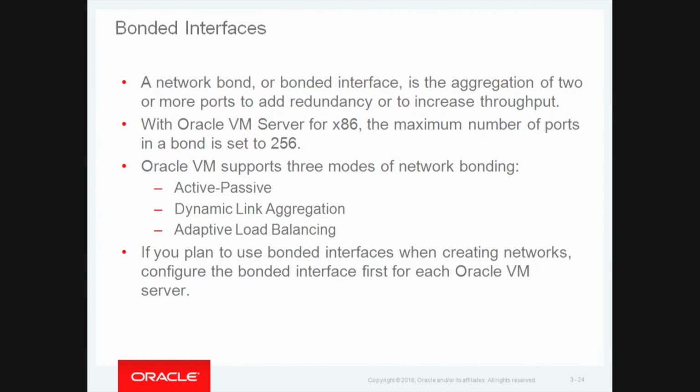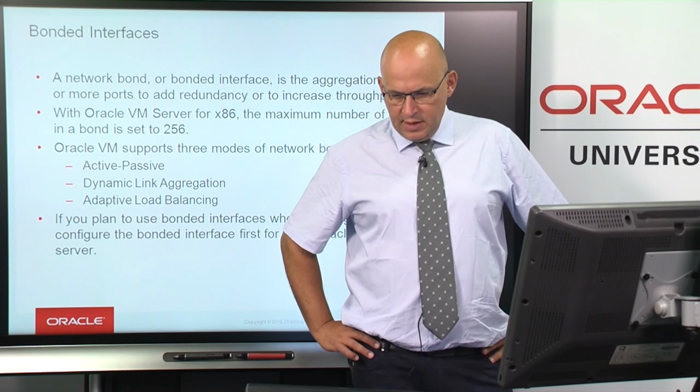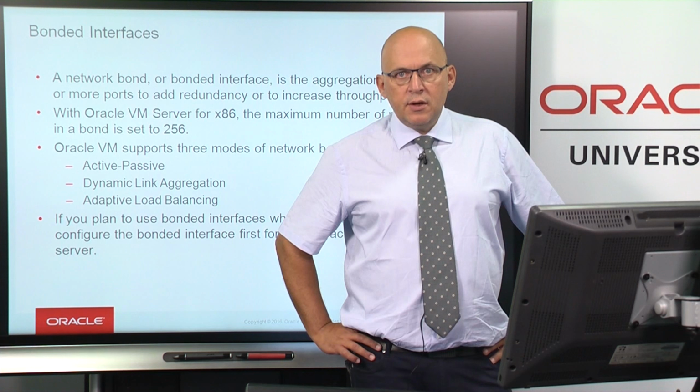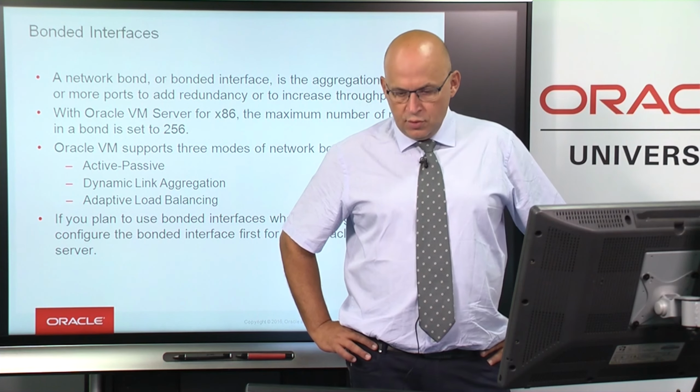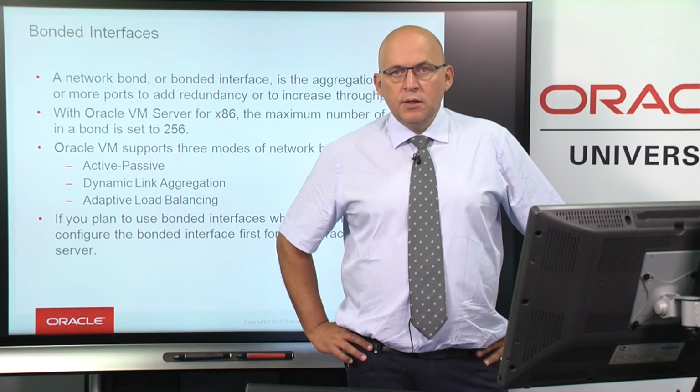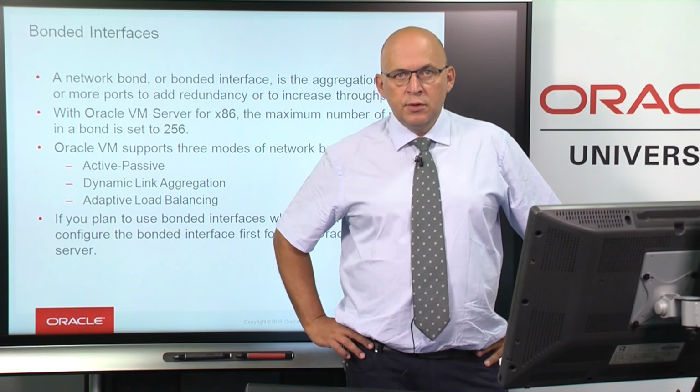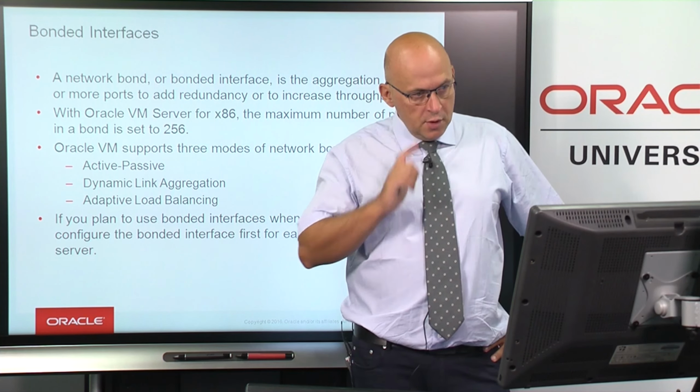Then, according to your own IT infrastructure, you can create active-passive configurations, where one card is active and the others are activated, the next one when the first one fails. With dynamic aggregation, all the NICs get the traffic flow concurrently, and in this case you will have a better throughput into your network.